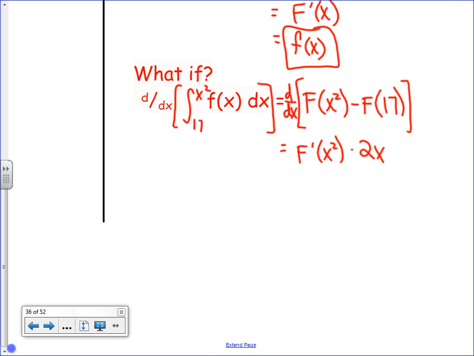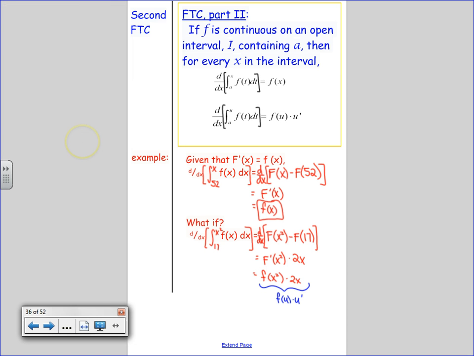So what's it going to be? f of x squared times 2x. Here is where my f of u times u prime comes in. I'm giving you this so that you don't have to do this every time. FTC part 2 is a natural outworking of FTC. I plug in antiderivative of b minus antiderivative of a. I take the derivative. I get back to the original, unless I'm not done yet, if I have a u, then you have a u prime.